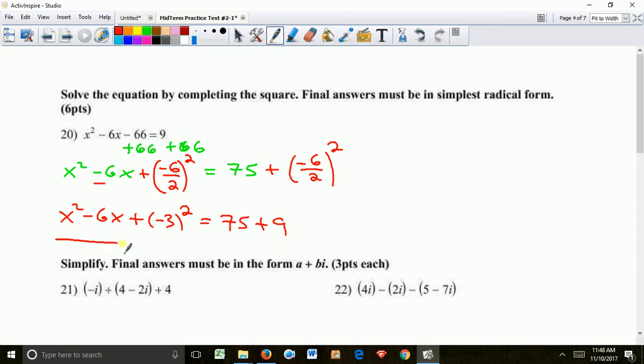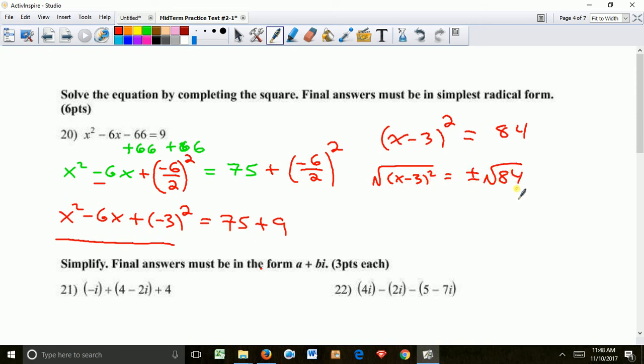Factoring your perfect square trinomial now, after completing the square, you get x minus 3 squared, and that's equal to 75 plus 9, which is 84. You can now take the square root of both sides of the equation. And again, please do not forget your plus or minus signs.